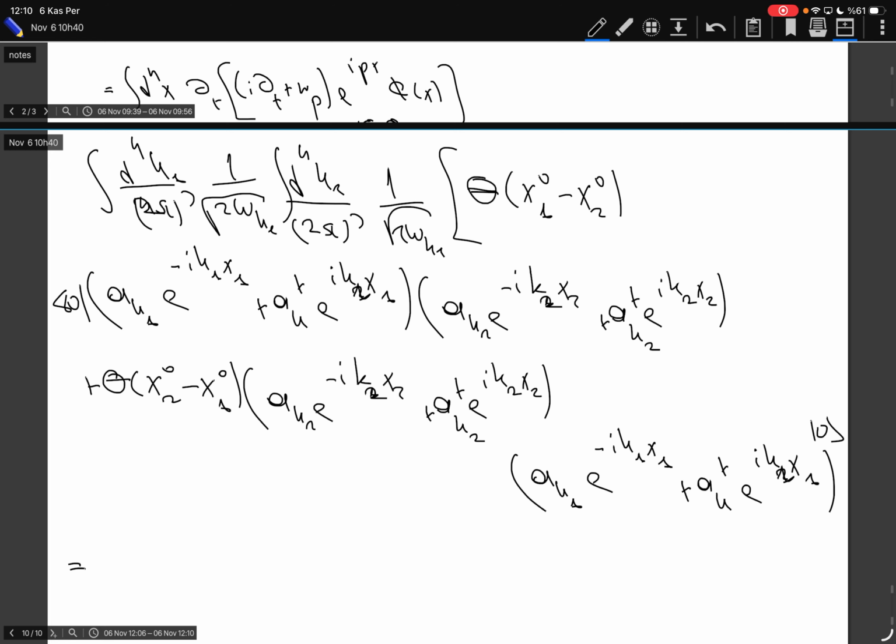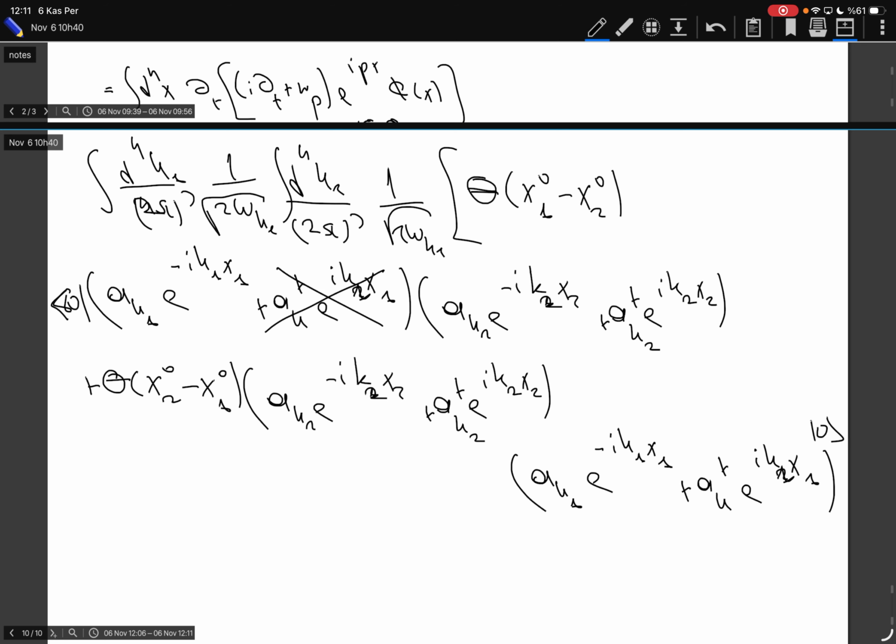Okay, what kind of matrix elements do I have? Let's see, here I have a vacuum. The annihilation operator acting on the vacuum bra will give me 0. So there's no contribution from this term.